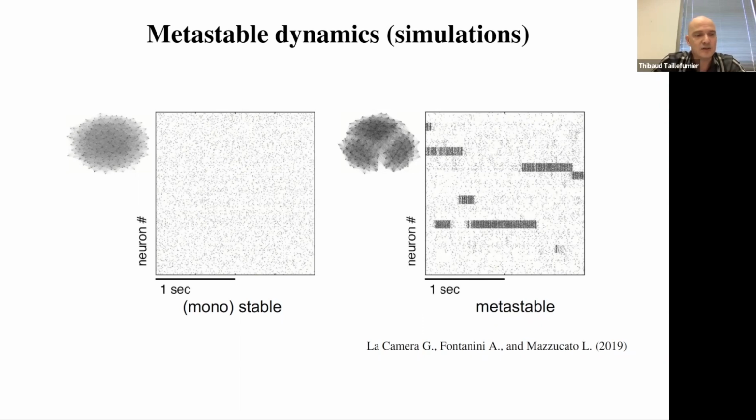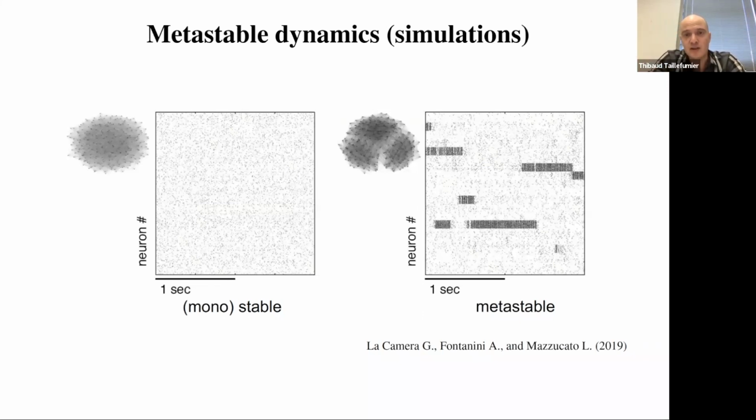Now, if you want to have something that's metastable, the easiest way perhaps is to put some structure in the network. And so what they've done on the right side is to separate the neurons into subpopulations, and within each subpopulation, neurons self-excite one another, but across different populations, they tend to inhibit one another.